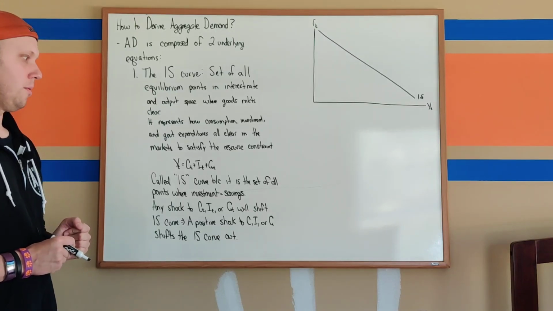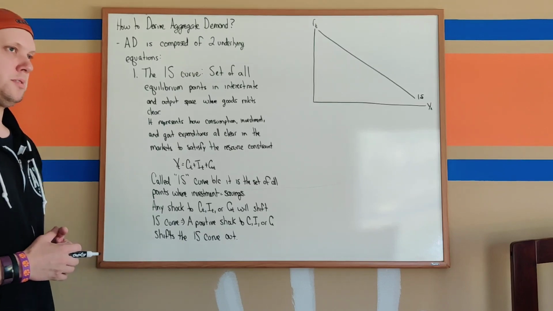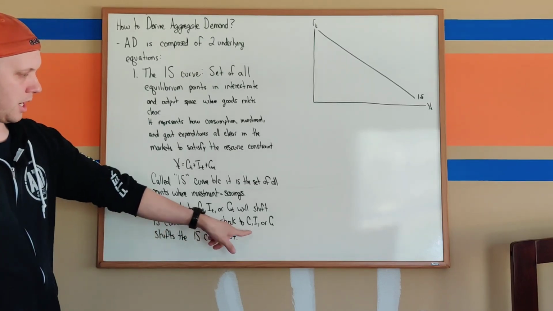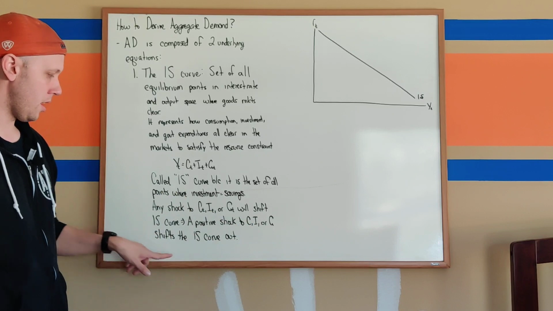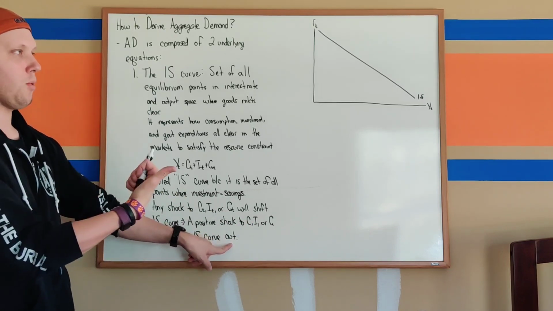Well, okay, that's not very helpful, so I added another sentence there. A positive shock to consumption, investment, or government spending is going to shift the IS curve outward.